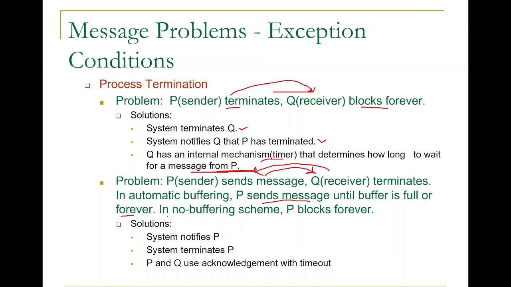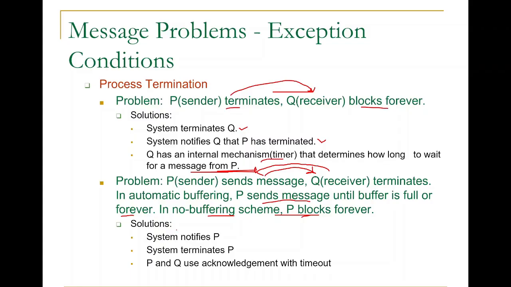The second one is, if there's no buffering at all in that scheme, then P automatically will block. P blocks forever because it has sent out a message, it has not gotten any receipt, so it just locks up there and doesn't send any message again. It freezes.